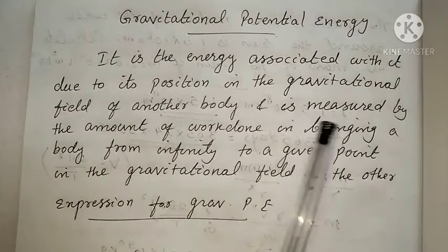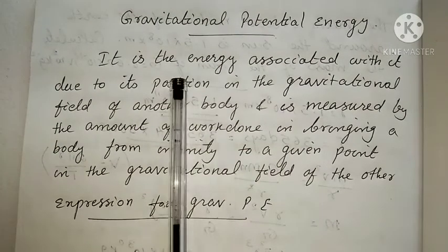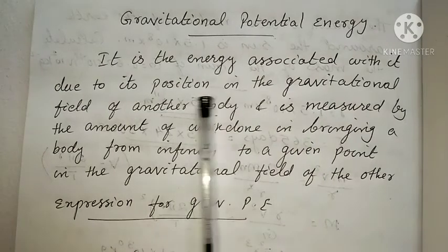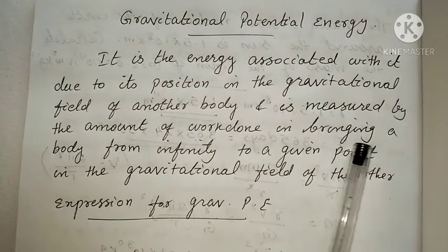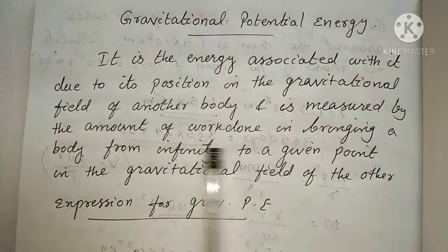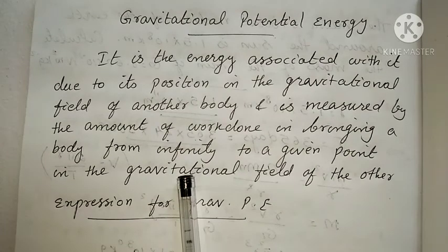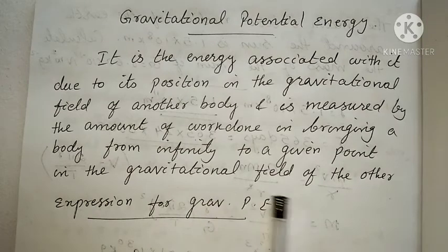Gravitational potential energy. Gravitational potential energy of a body is the energy associated with the body due to its position in the gravitational field of another body, and is measured by the amount of work done in bringing a body from infinity to a given point in the gravitational field of the other.